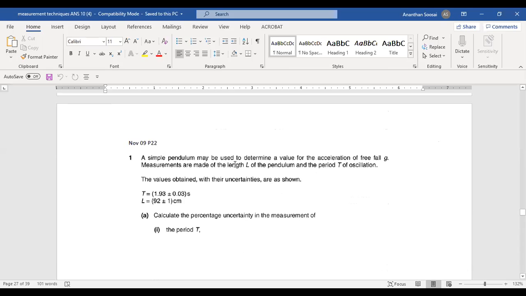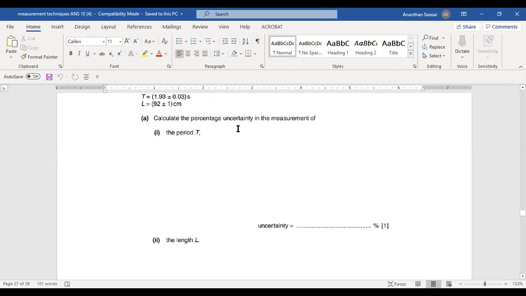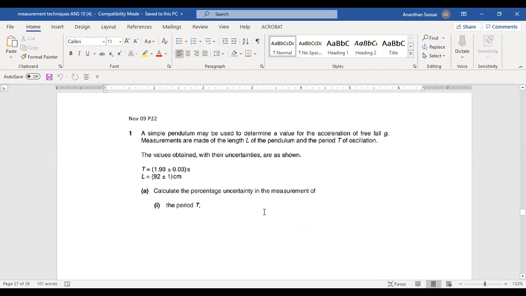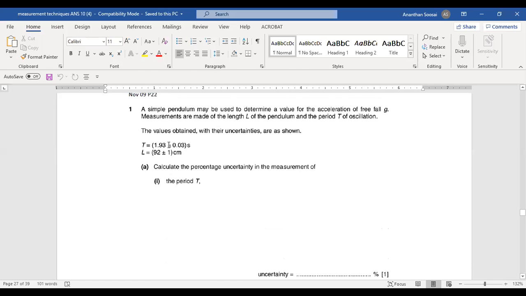A simple pendulum may be used to measure free fall g. The measurements of L and T are given. Calculate the percentage uncertainty for T. The data is already given, so T is 0.03 divided by 1.93 times 100%.